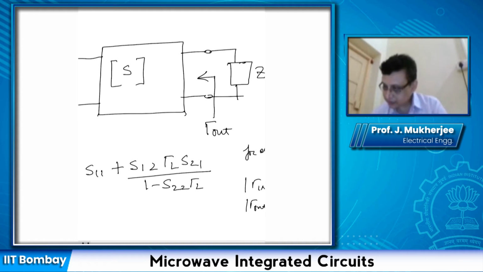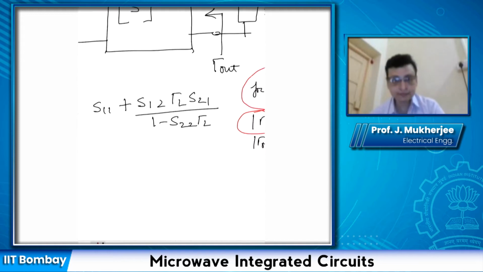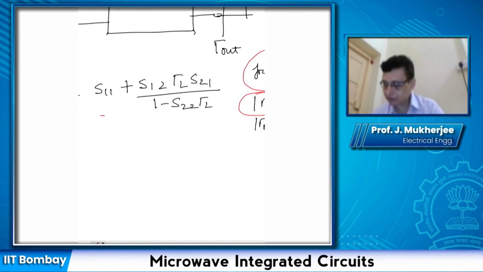So now suppose this condition is satisfied. Then we know the value of gamma in from this equation, right? So let us plug in this value in this equation.